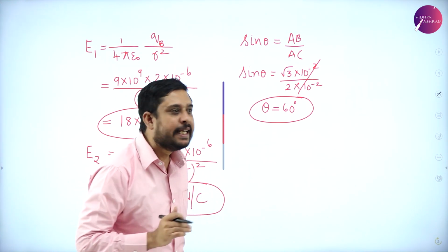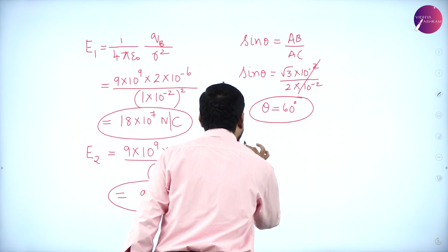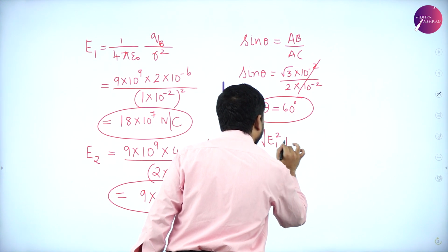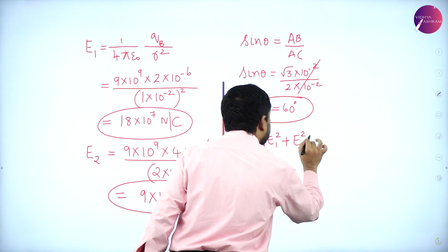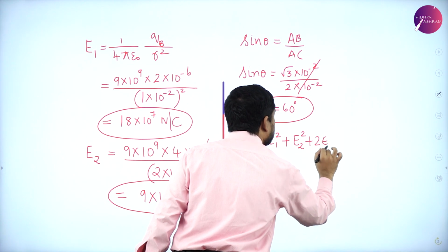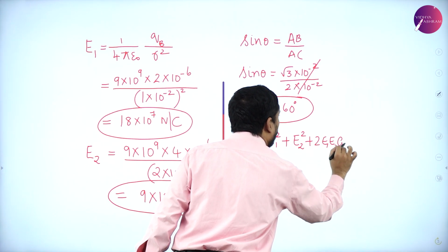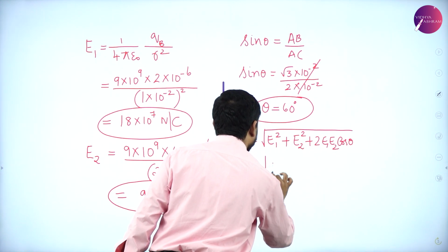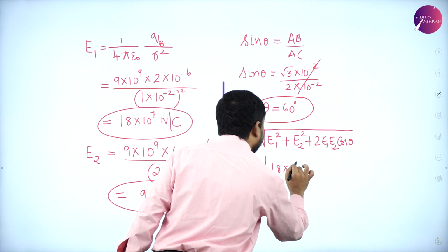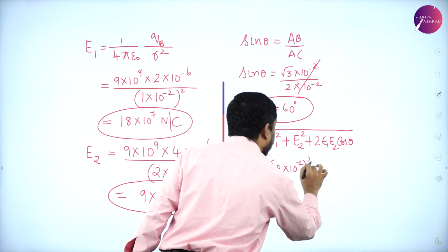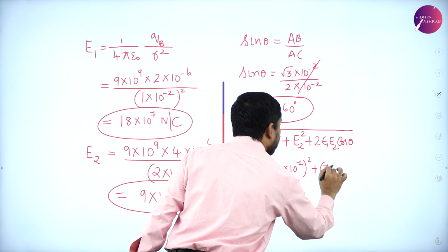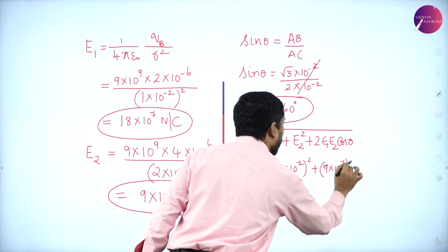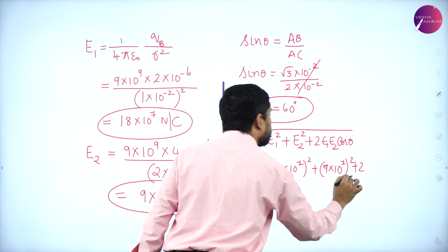How do I find the resultant intensity? E is root of E1 square plus E2 square plus 2E1 E2 cos theta. Substitute 18 into 10 power 7 whole square, plus 9 into 10 power 7 whole square, plus 2.